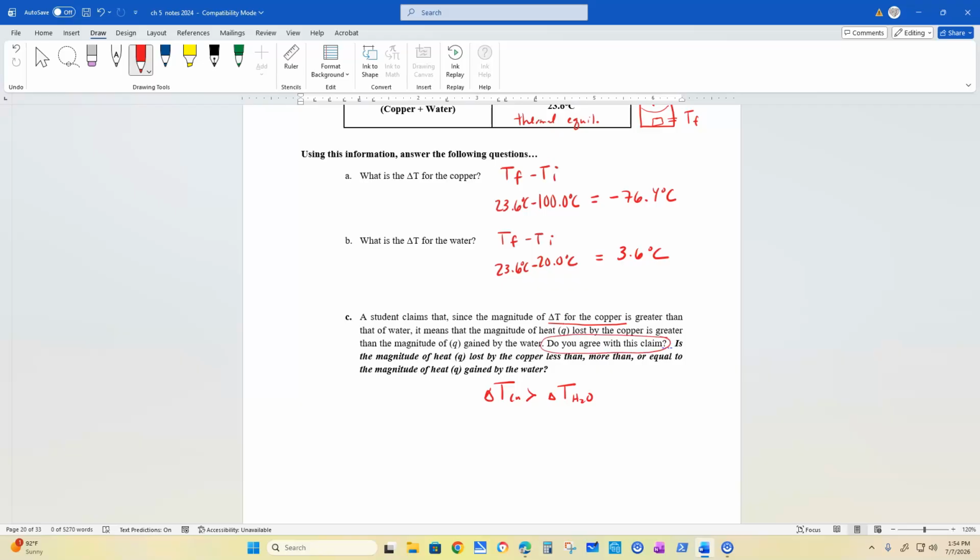When you're answering these types of questions, you first need to mention: I agree or I disagree, and then why. So remember, always answer the question and then why. Basically this question is stating: is the magnitude, as in the value, of heat lost by copper less than, more than, or equal to the value of the heat gained by water? Well, there's something we need to remember. It's called the first law of thermodynamics.